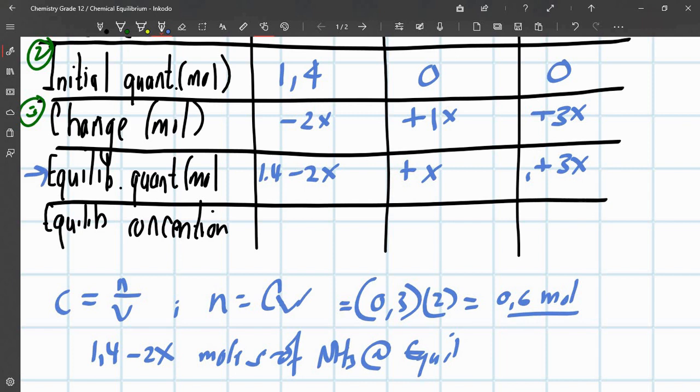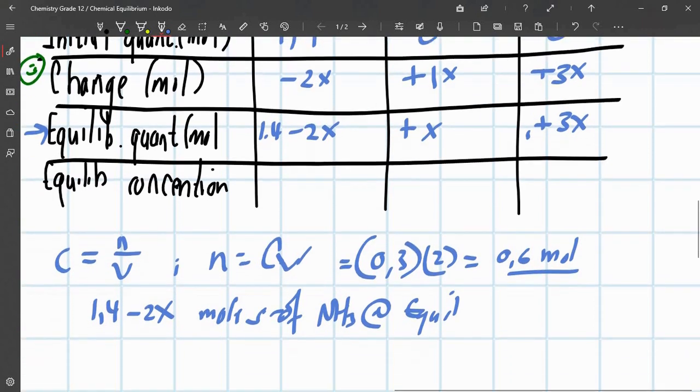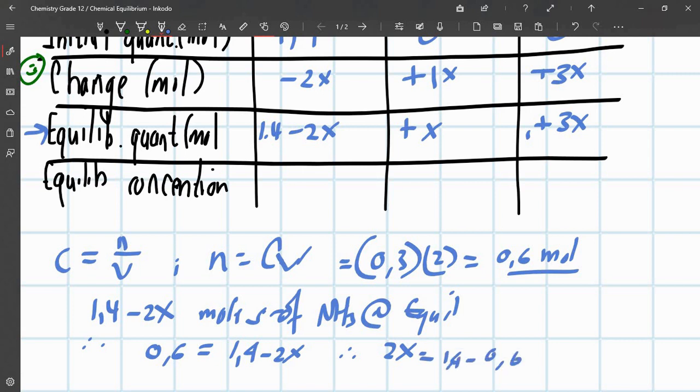Therefore we can say that 0.6 is equal to 1.4 minus 2x. Therefore 2x is equal to 1.4 minus 0.6, just changing the subject of the formula there. And finally we can say that x is equal to 0.4 mole.